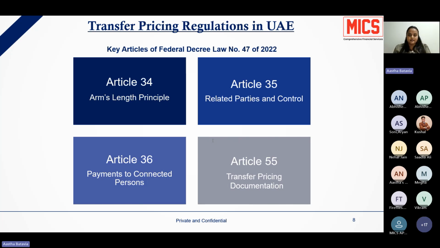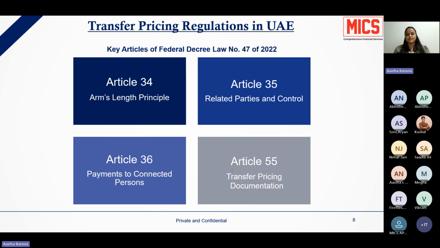Now Article 36 is like monitoring your cash. While making payments to connected parties, let's say insiders of your business, it should not be for tax saving purposes. It should be for business purposes. That's why they have kept this article. Let's go to Article 55, a paper trail lock.